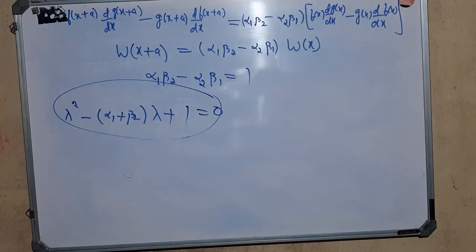That is in the form ax square plus bx plus c is equal to 0. Then x is equal to minus b plus or minus square root of b square minus 4ac by 2a. You well know. That means what? x has two solutions. In the place of x you have lambda.